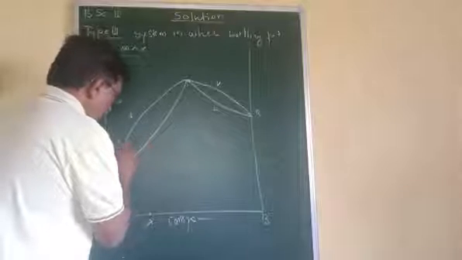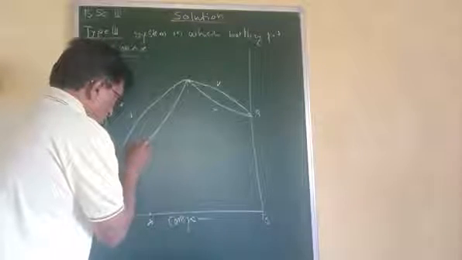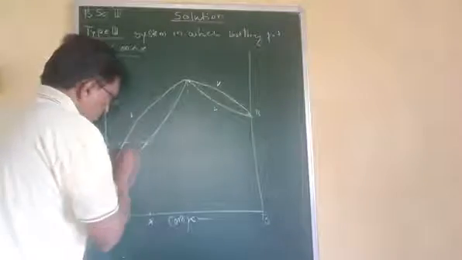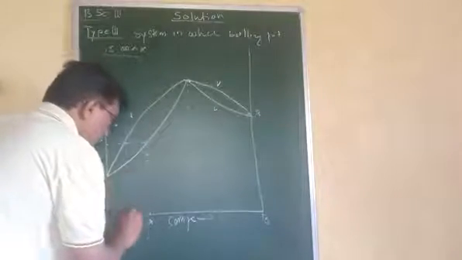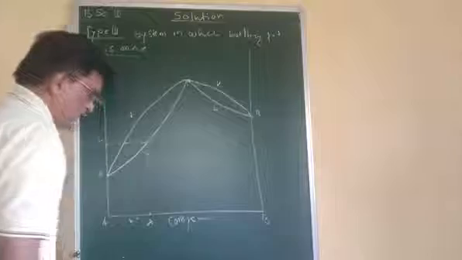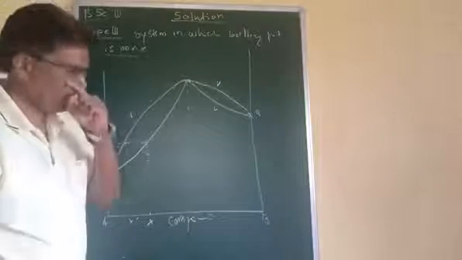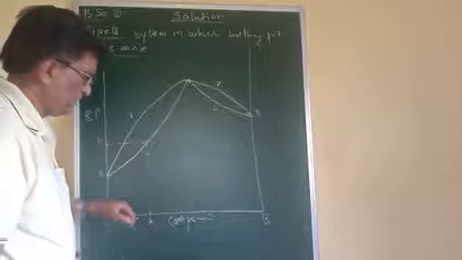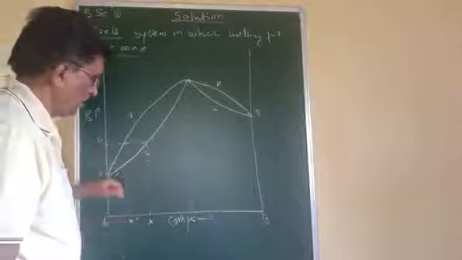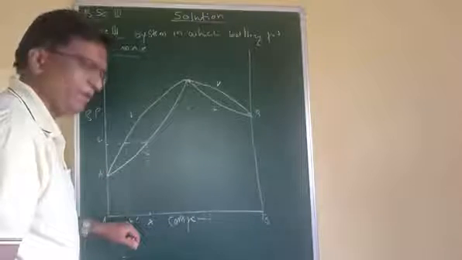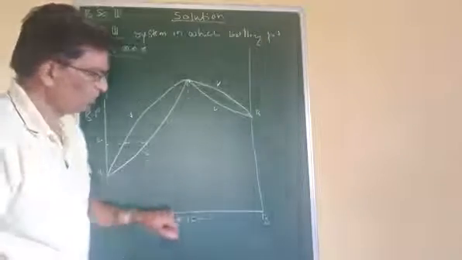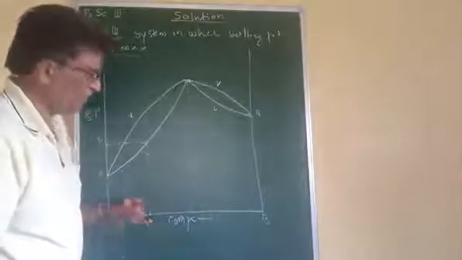The vapor coming off will have this composition, and if you condense these vapors, the condensate will have composition X dash. In this condensate component A is in a richer proportion, and in the residual solution component B is in a richer proportion.